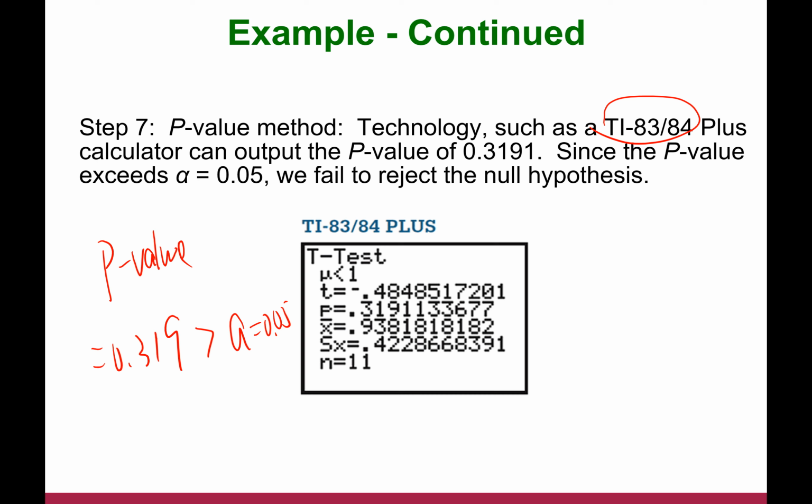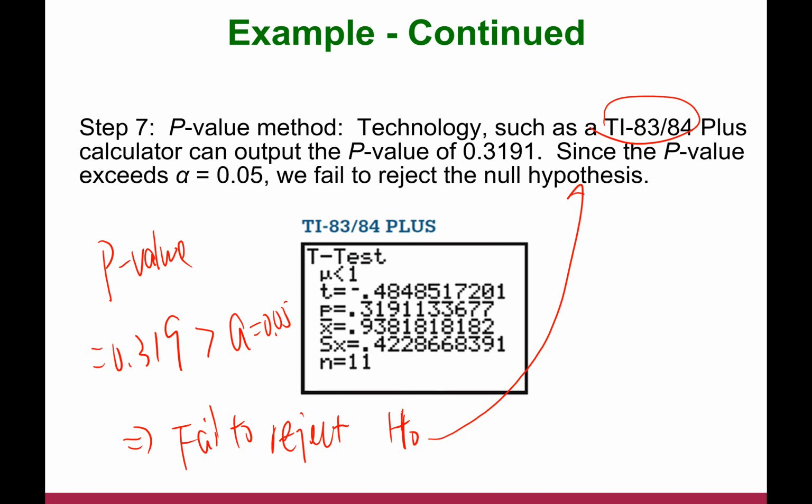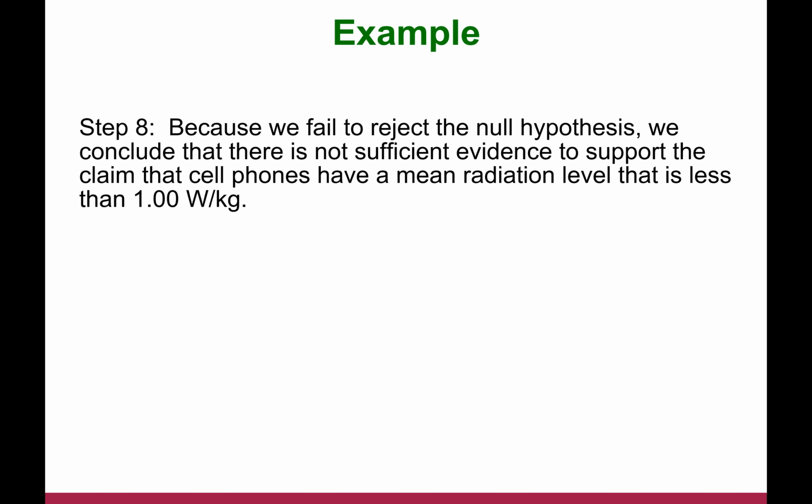Much more likely, so fail to reject H0. H0 is the null hypothesis. Because we failed to reject the null hypothesis, we conclude that there is not sufficient evidence to support a claim that the cell phone has a mean radiation level that's less than 1.00 watt per kilogram.